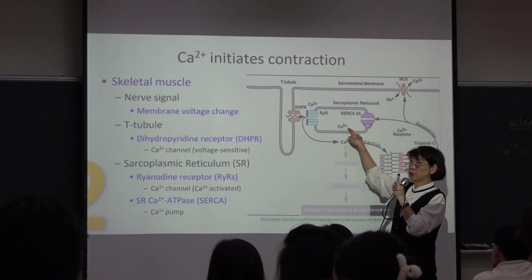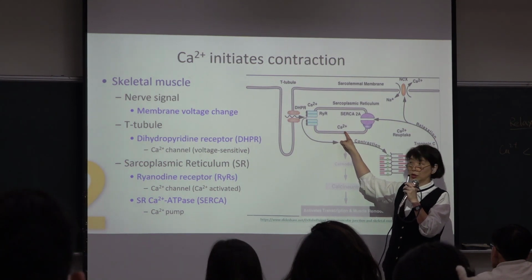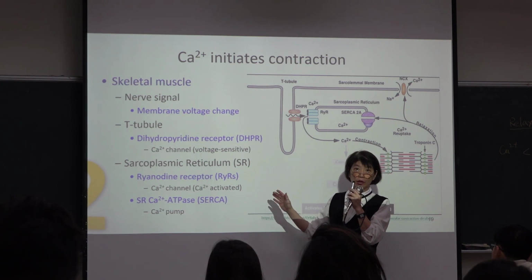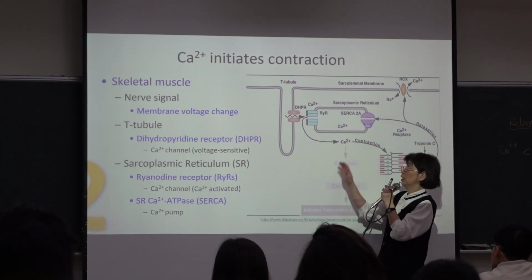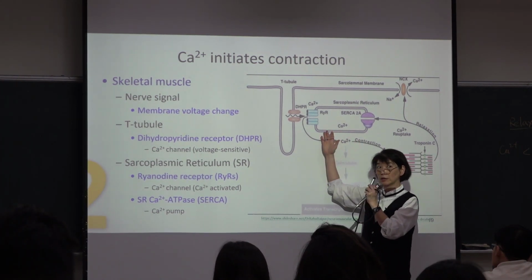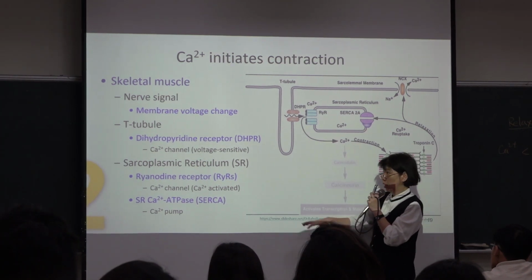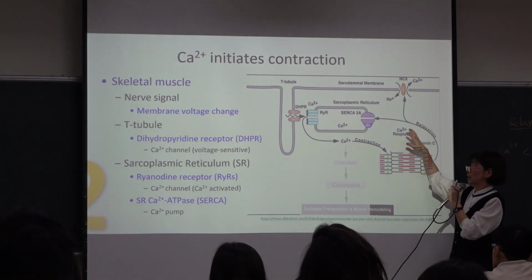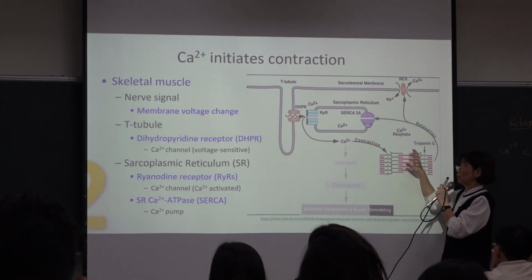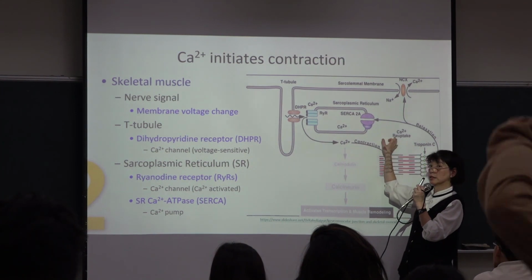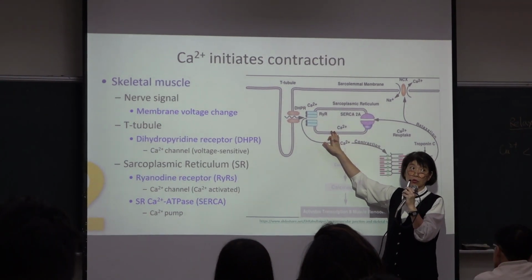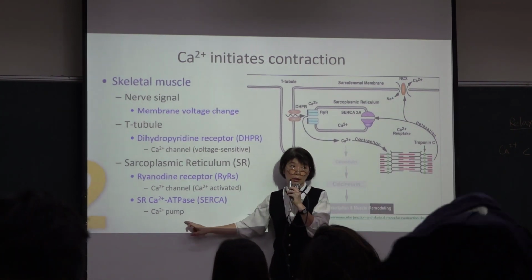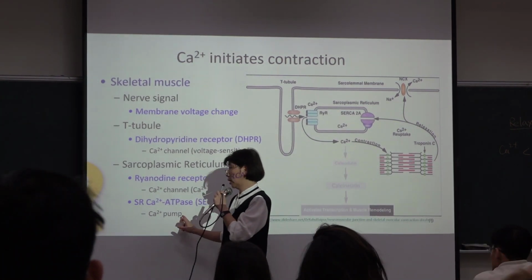So in here, there's much higher calcium concentration, right? So when the channel opens, it's a passive transport, right? Passive. Calcium will move from high concentration to low concentration. But for calcium ATPase, it pumps calcium from low concentration against the gradient to higher concentration. It requires the energy of ATP hydrolysis. Okay, that's why it's called calcium pump.